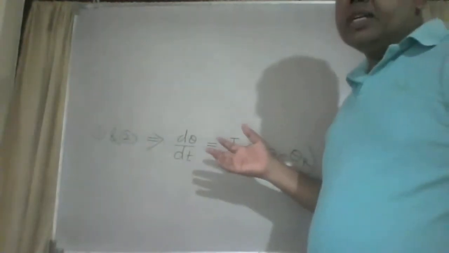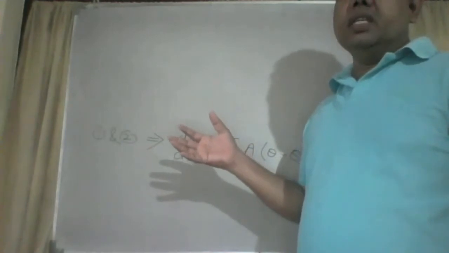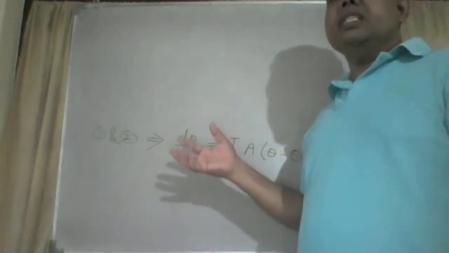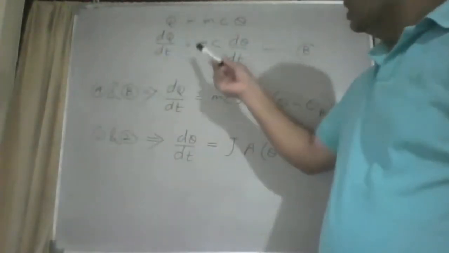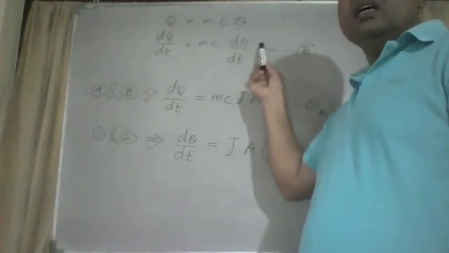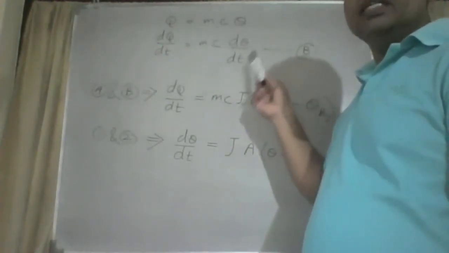Now we will combine our previous equation Q equals m c theta into this equation. Since Q equals m c theta, we can write dQ by dt equals m c d theta by dt.